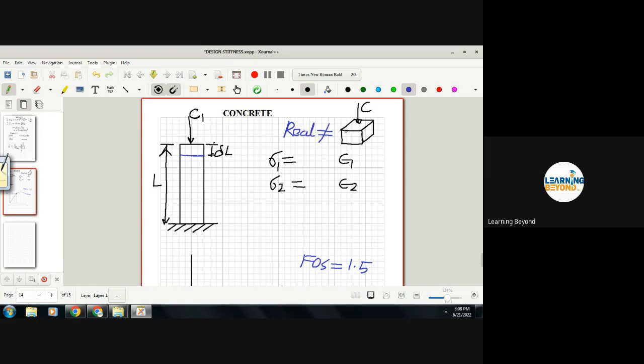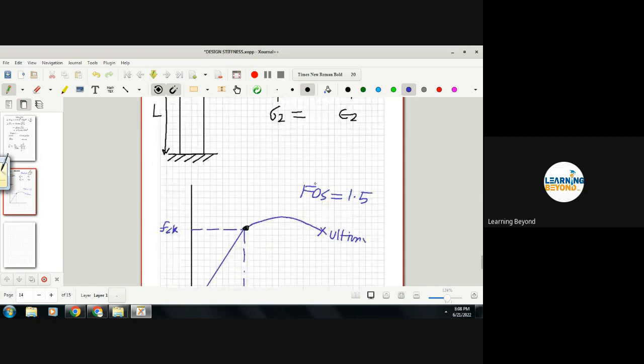So to take care of this shape, there is one more factor which we add apart from the factor of safety. Let's say we call it a shape factor, but this is also a factor of safety. So an additional factor of safety is to be considered for shape. And that is how much? Kitna hai wo? 0.67. So this is also 1.5, ideally.